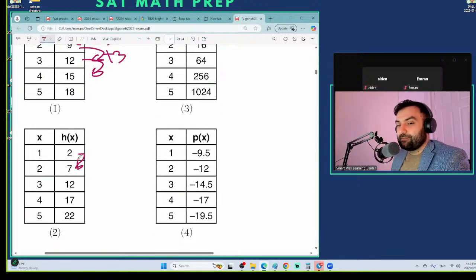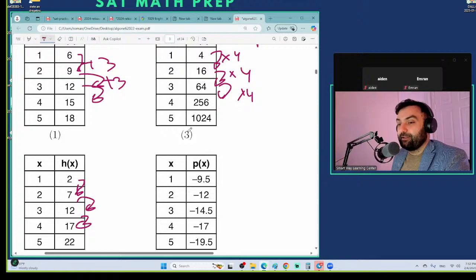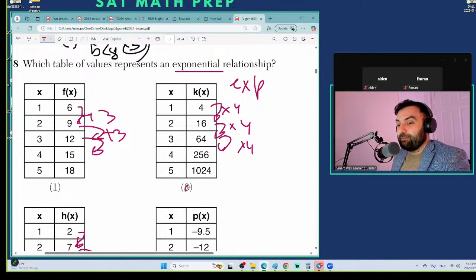Here it is plus 5, plus 5, plus 5. That's linear. Although number 3 is times 4, times 4, times 4. This is exponential. When we multiply, the increase by multiplication is exponential.